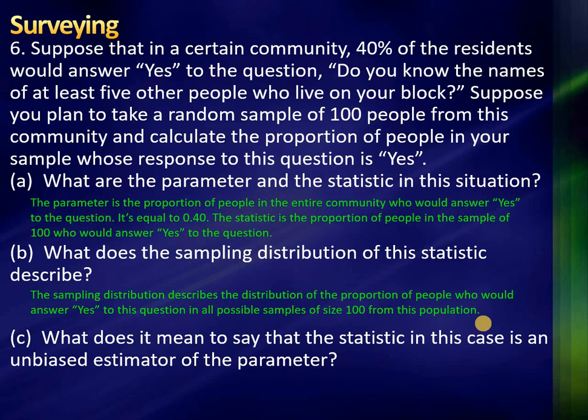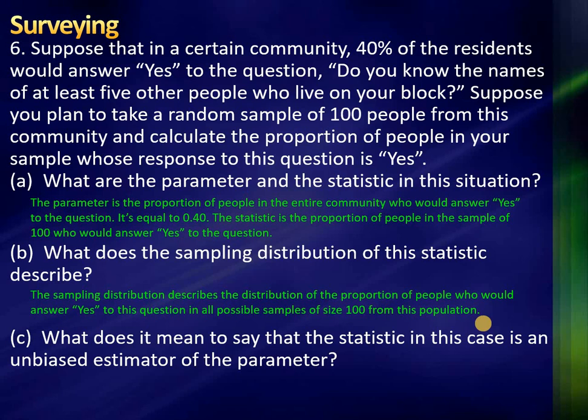The sampling distribution describes the distribution of the proportion of people who would answer yes to this question. What's important here is you have to continually note the sample size, because your sampling distribution is going to change based on your sample size. So the sampling distribution describes the proportion of people who would answer yes in all possible samples of 100.